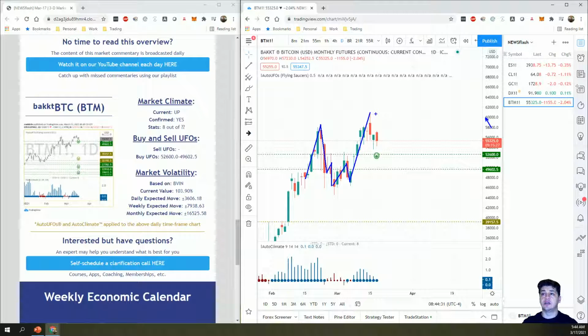Did not close up there, has then since pulled back, which is very common for Bitcoin, at least, because a lot of folks around the world who were extremely early to this market have a ton of Bitcoin. So anytime it pushes past a milestone like this, especially 60,000, people tend to take some profits. So we're seeing this pullback right there.